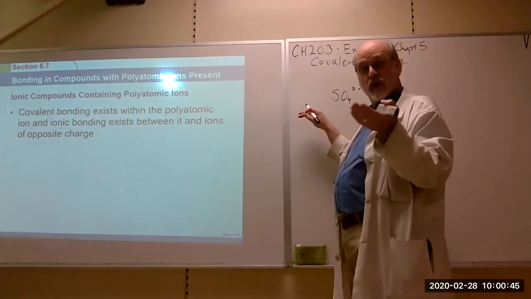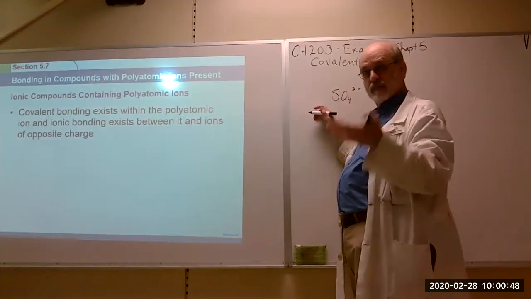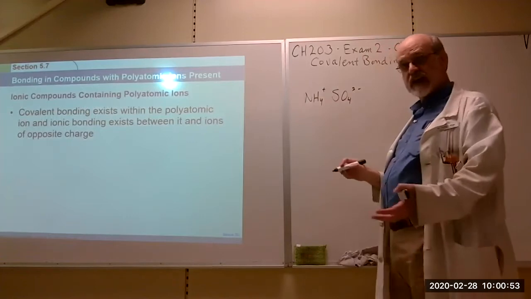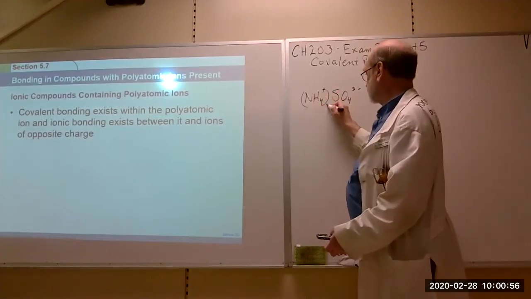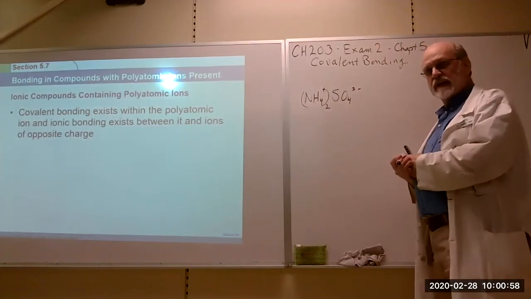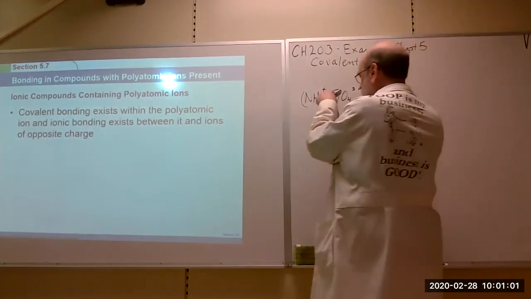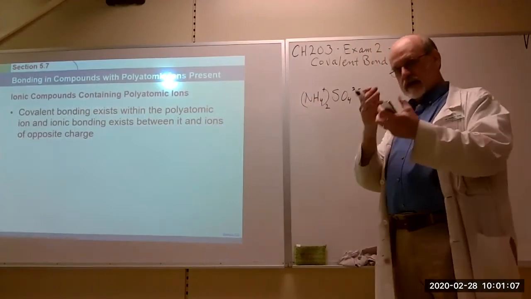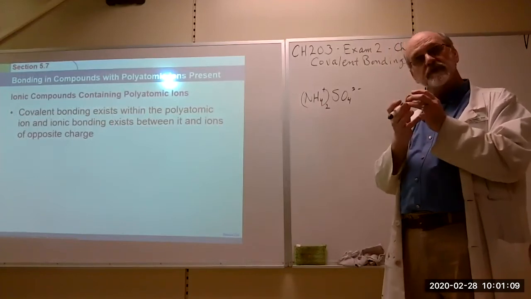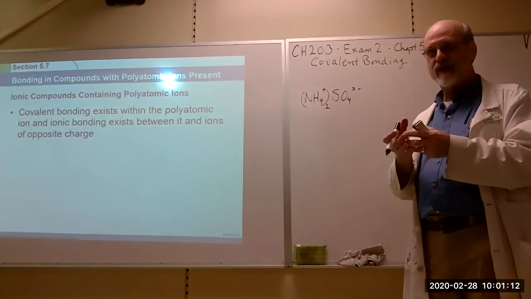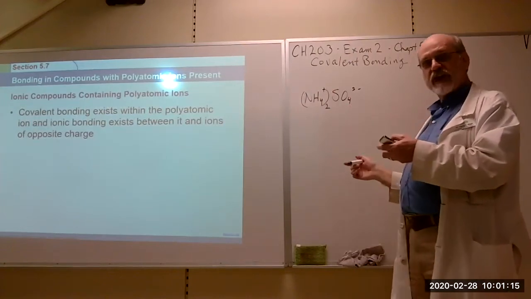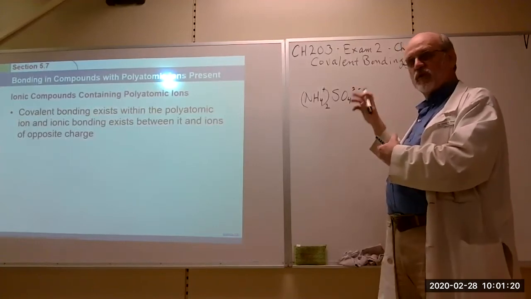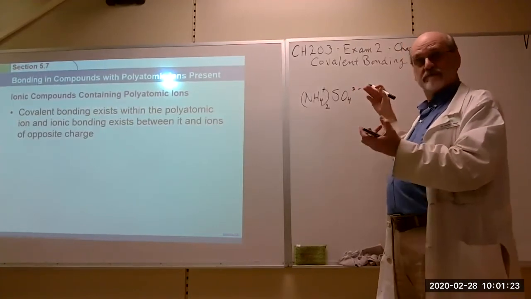It could be the one other polyatomic that's positive, like ammonium, in which case you need two of these. Now we're going to look at the internal workings of the polyatomic. The polyatomics exist and behave as a single unit because they are all covalently bound ions. So that sulfate ion is a covalent unit with a charge.